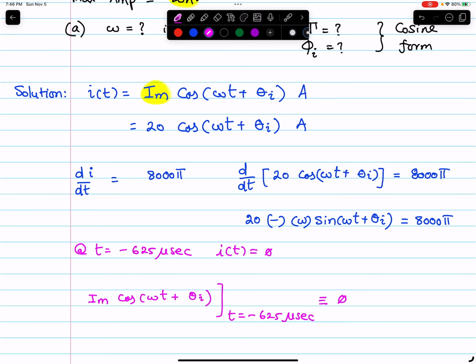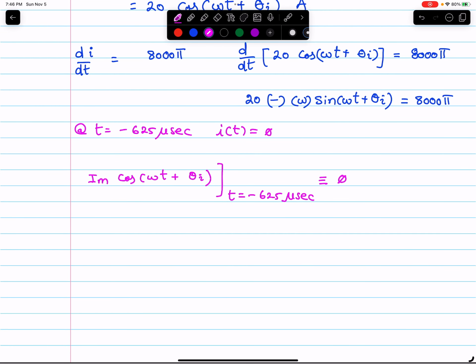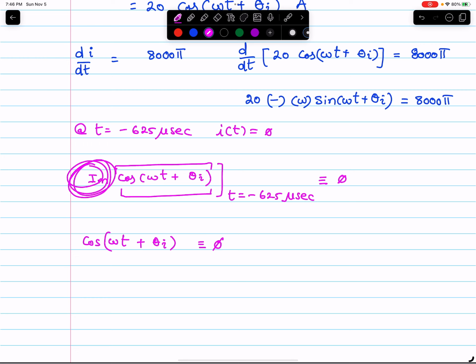Now, this simply means the term cosine(omega t plus theta i) equals 0, because the amplitude is constant. The only way this can be 0 is if the cosine is 0, which means omega t plus theta i equals plus or minus 90 degrees.